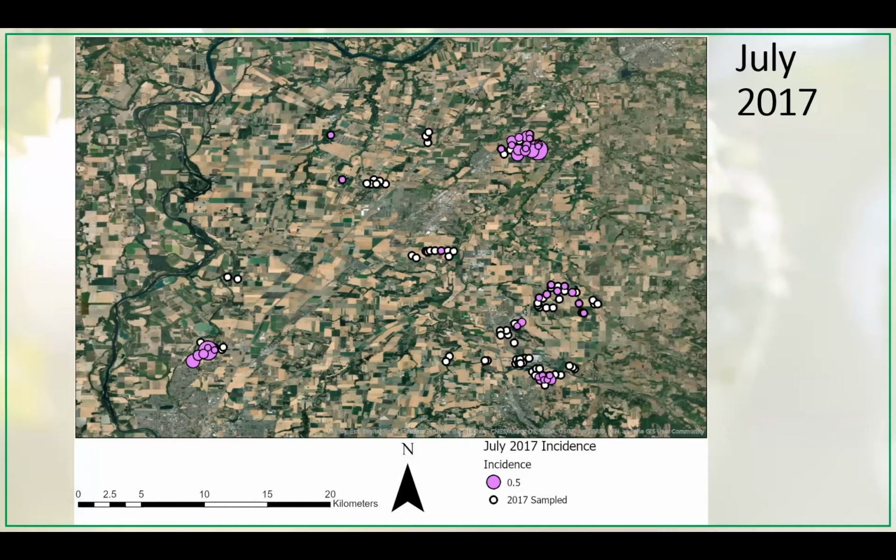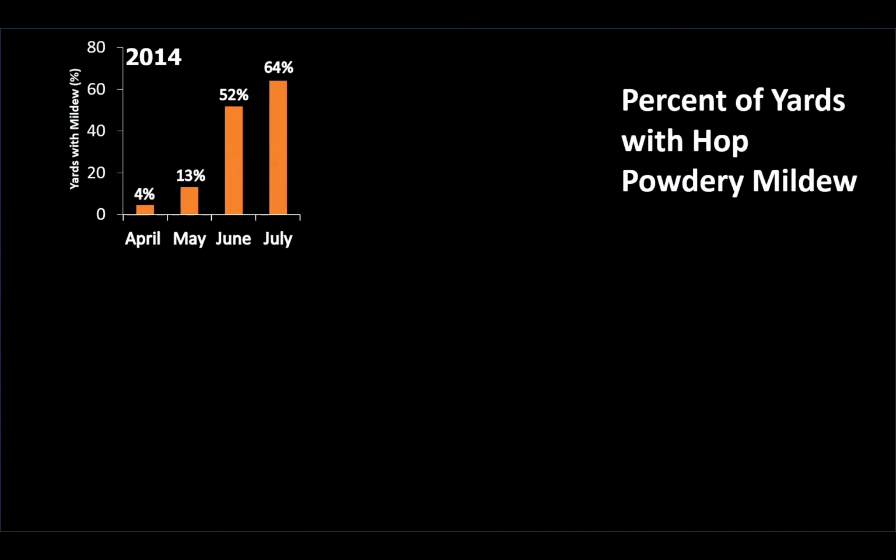So this begs the question, well, how does the fungus disperse and move throughout the season? And I'll show you what this looks like year by year before I get into my actual research. So in 2014, we have the percent of yards with powdery mildew on the y-axis, and the x-axis is for each month.